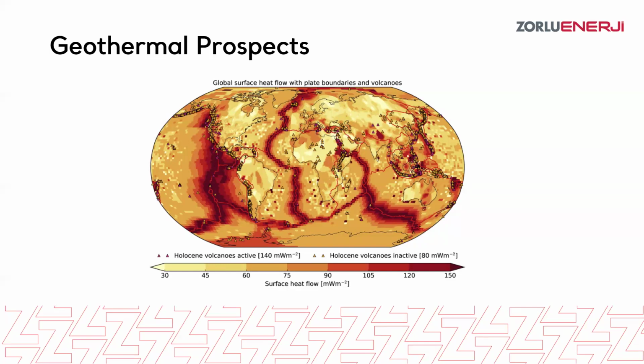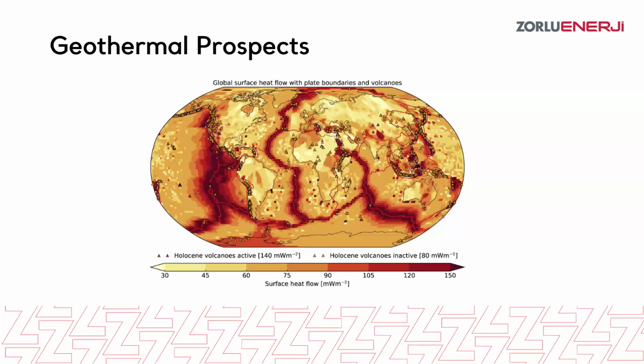You can see all of those uses or applications, and depending on those applications, an average geothermal heat flow or abnormality in here could work for geothermal energy, because the needs of different systems are different.